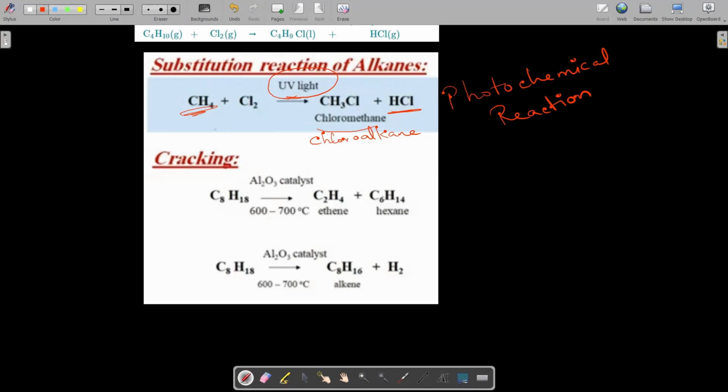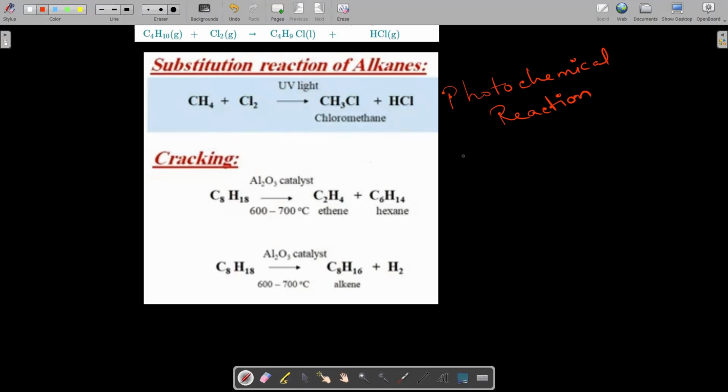So methane and chlorine. If you see methane and chlorine, they react in the presence of sunlight or a source of UV light. Let me take this off so that it's clear enough for you. There is no reaction between alkane and chlorine in the dark.